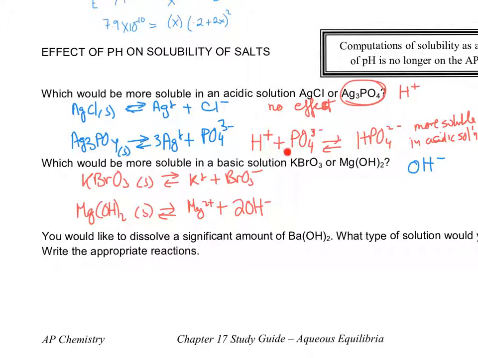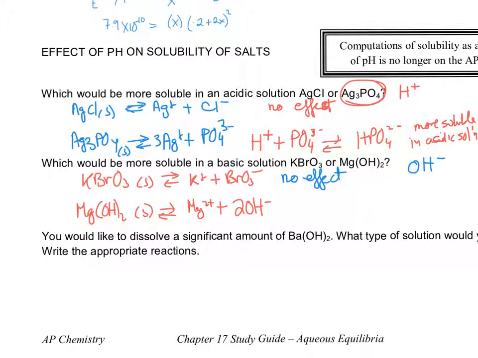K plus and OH minus, there will be no reaction there because I cannot form KOH. That's a strong base, so it's going to dissociate right back. And then I can't react two negative ions together. So if I dissolve this in a basic solution, there will be no effect on the solubility. It would dissolve the same amount in a basic solution as it would in a neutral solution.